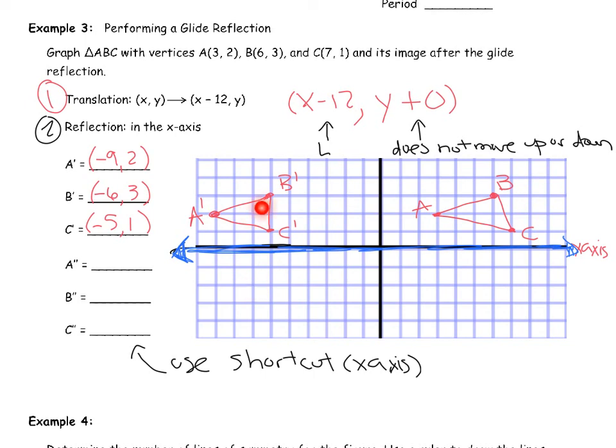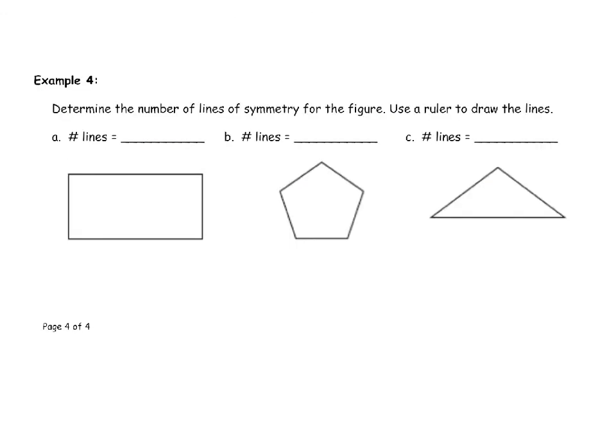So we're reflecting this image across that one to create our brand new image, A double prime, B double prime, and C double prime. Remember, you can also use the shortcut rules, but you're going to use the shortcut rule for the x-axis, so make sure you write down the right one when you do this, and I'm going to let you guys do that part on your own.